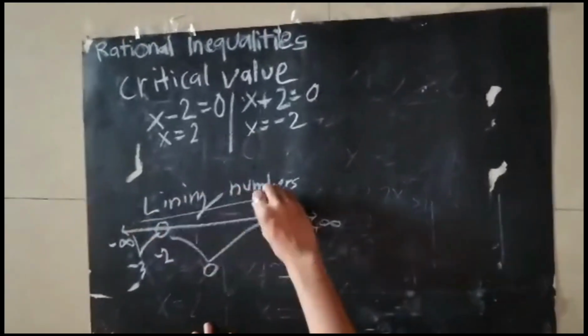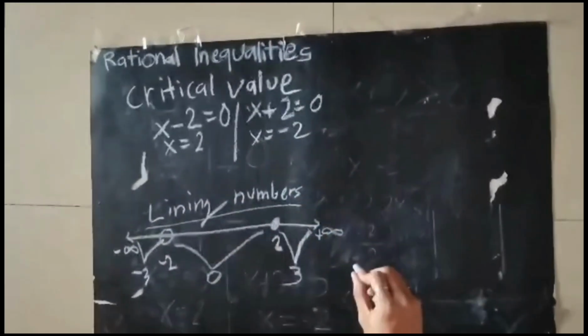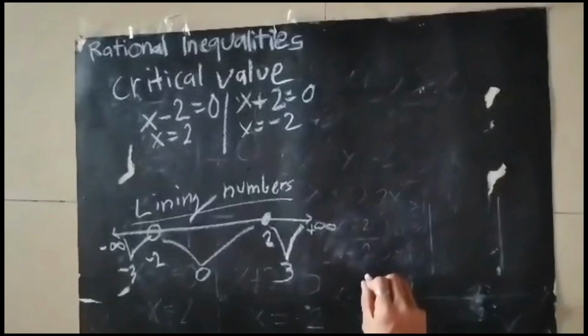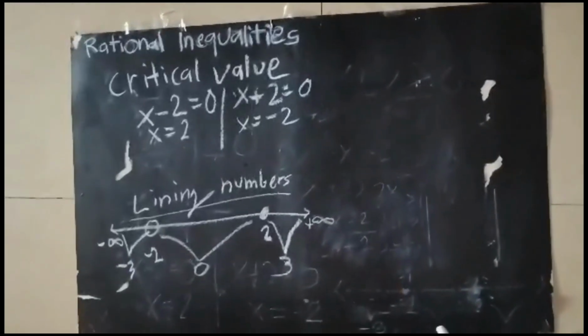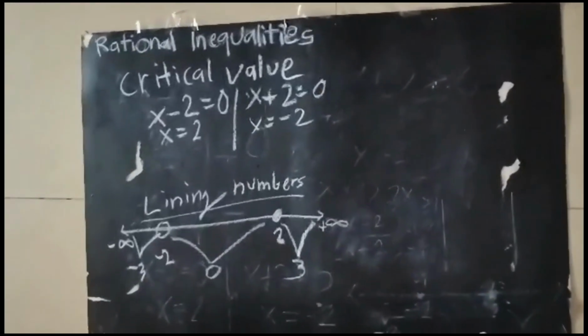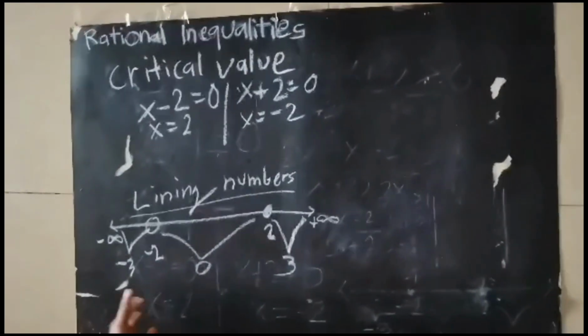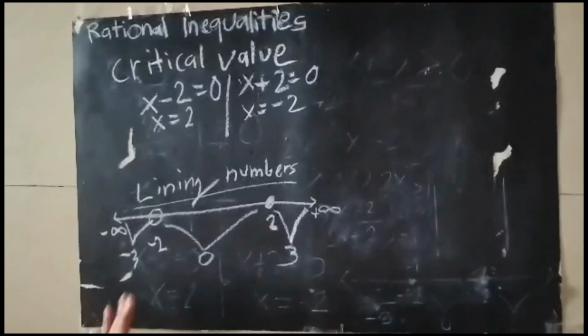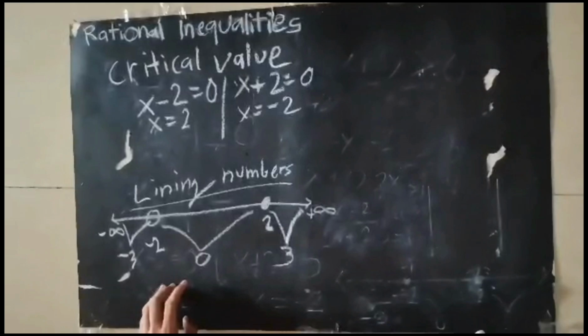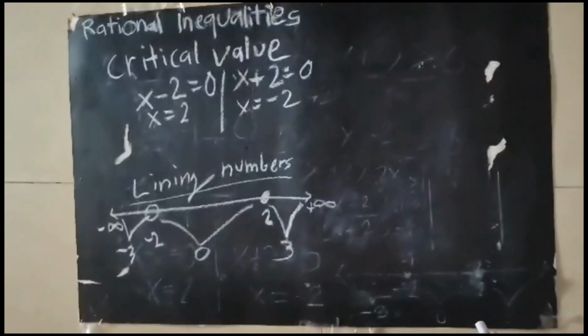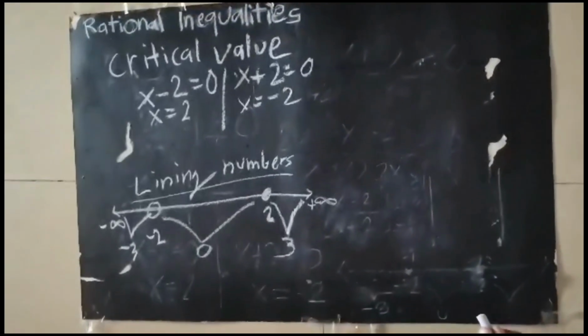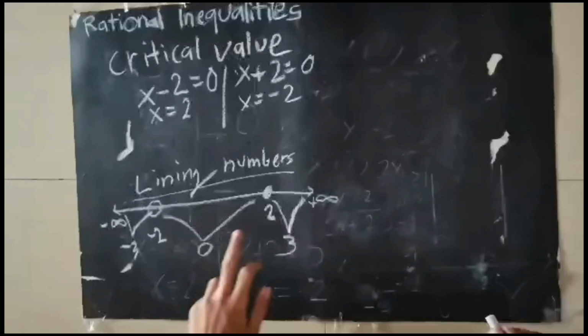The number line will indicate each interval to test in the next step. To get our testing of each interval, we first have to get our intervals. Our critical values here are negative 2 and positive 2.